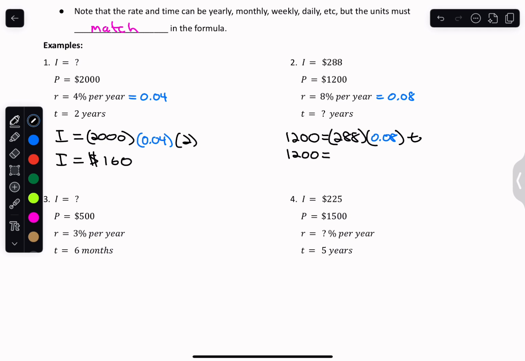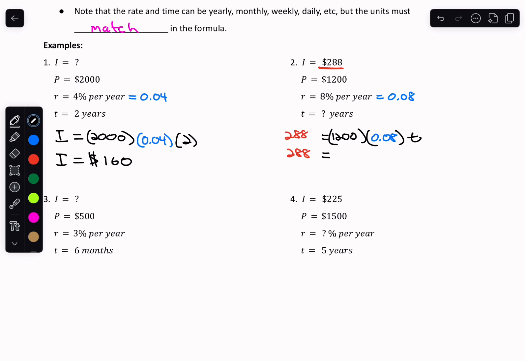Let me backtrack. So the issue I made is I put the 1200 over here for the interest, but the 1200 needs to be on the other side. So let's do a little bit of erasing here real quick. So my interest needs to be on the left, 288 over here on the left, and then my principal, the 1200, needs to be over there on the right.